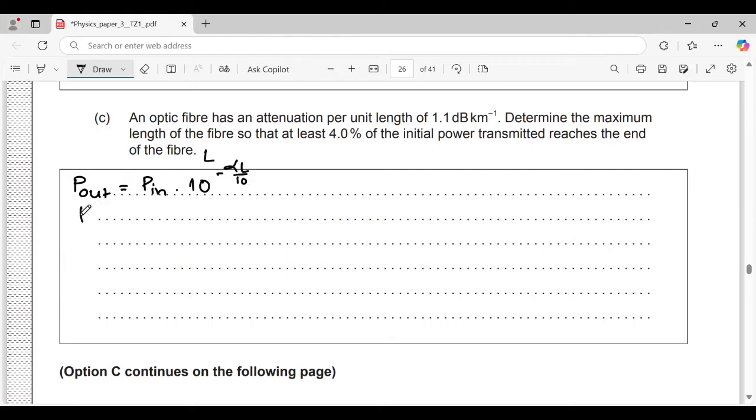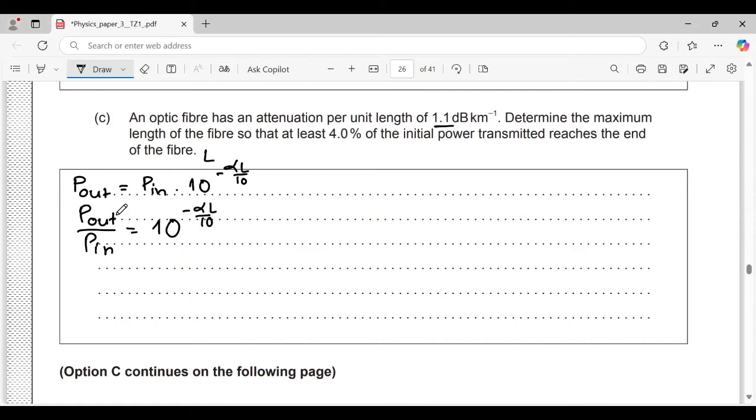Or we can rearrange: P out over P in equals 10 power minus alpha L over 10. Alpha is the attenuation coefficient, 1.1 decibel per kilometer.